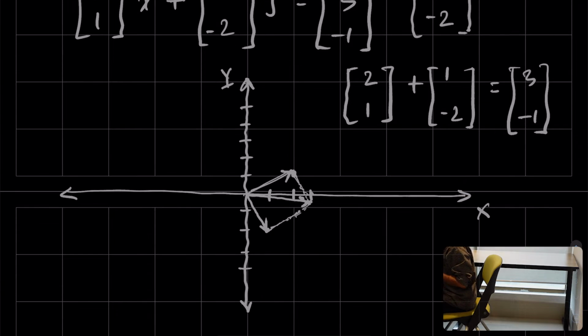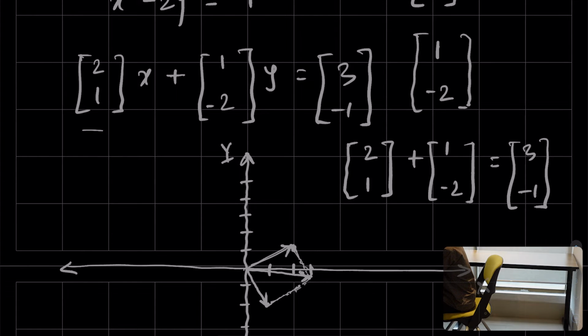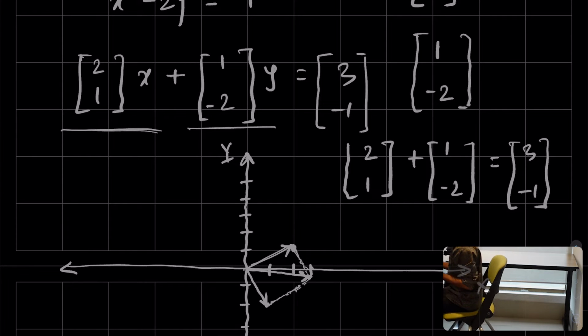So that means what we did here is we take the linear combination, and let us define these as vector v1 and vector v2. If I set the solution x equal to y equal to 1, then it is equal to the resultant, that is 3, minus 1, right?